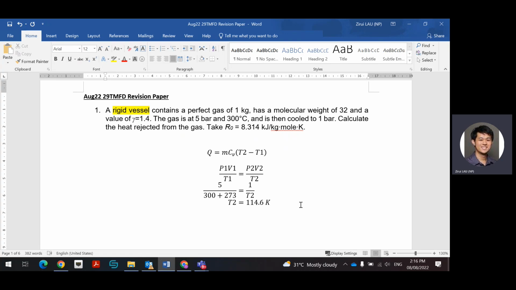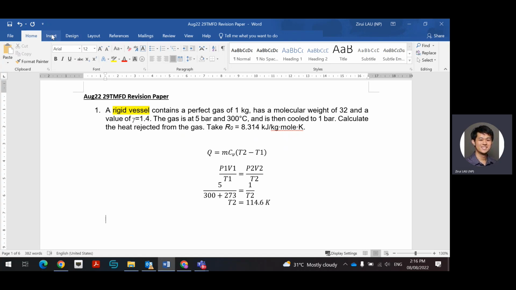What else we don't have? We don't have Cv, agree? Do we have Cv? No. So we have to work out the Cv value.